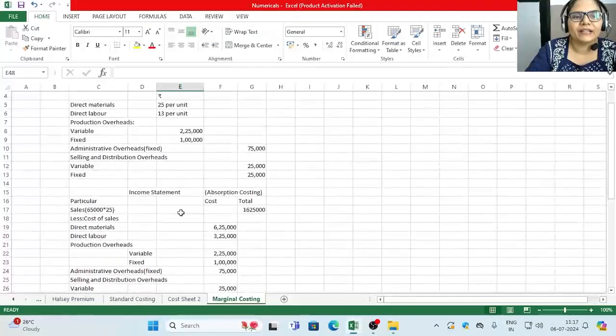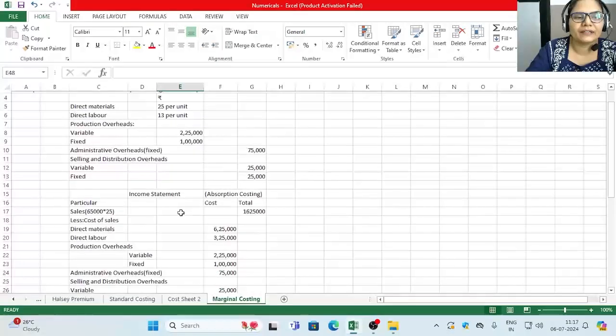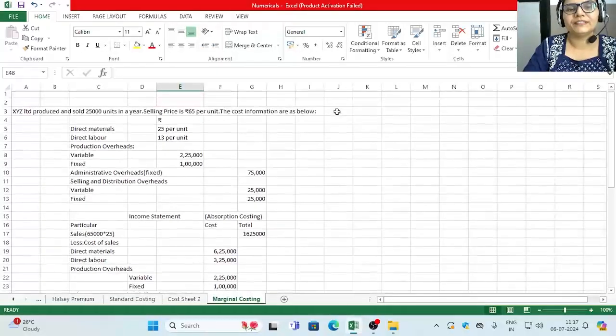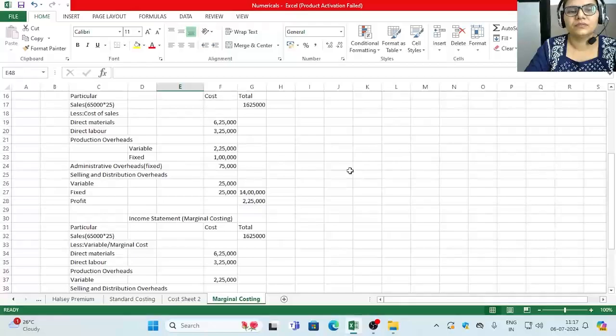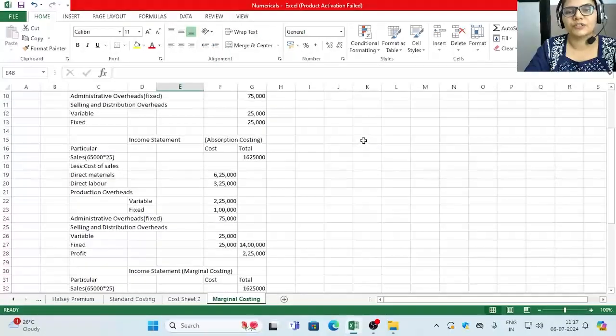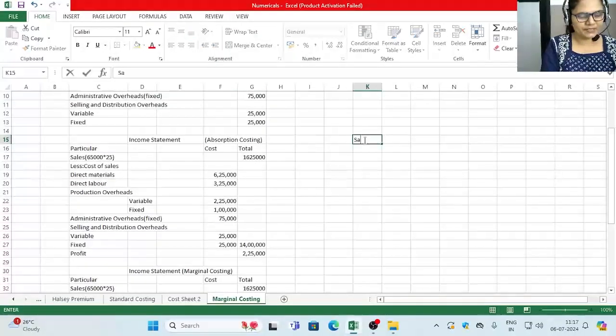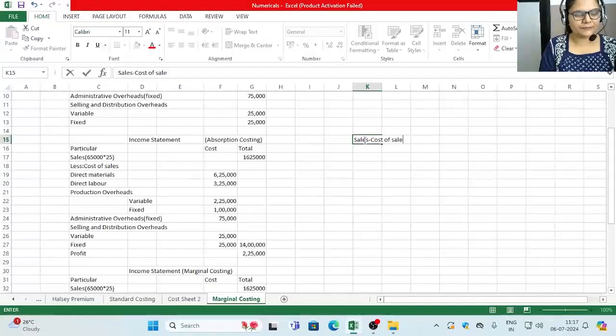If I say it in a very brief manner, the profit statement under absorption costing will be sales minus cost of sales, which will give you profit.